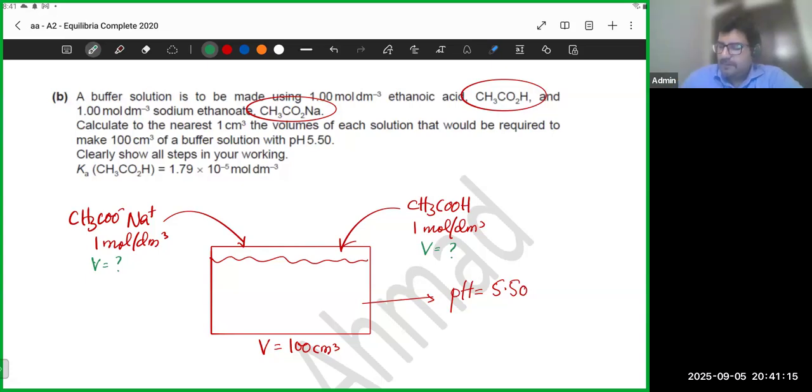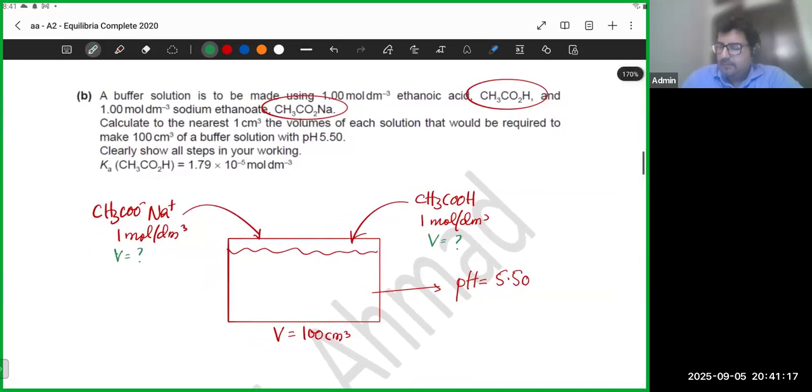And you have to figure out the volumes that are going to mix up. So the first thing is, the volume is the thing that you're trying to find. So volume is the X, right? Volume is the unknown. What is the volume of ethanoic? That's X cm cube.